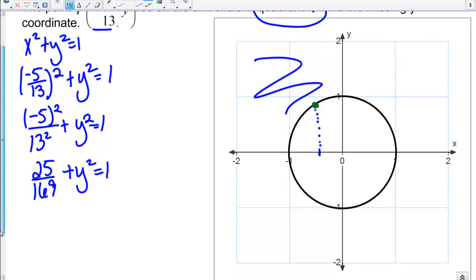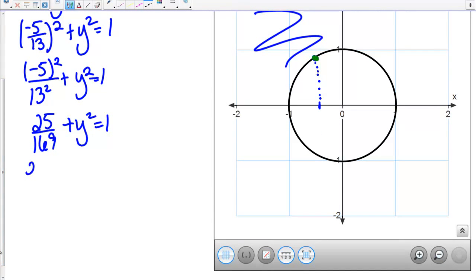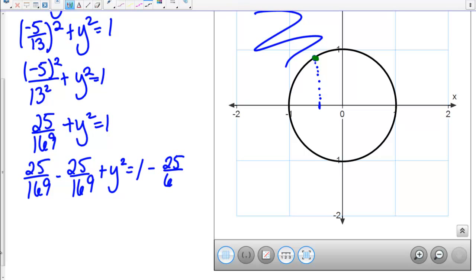We need to subtract 25 over 169 from each side. All right, so then we have y squared equals 1 minus 25 over 169.